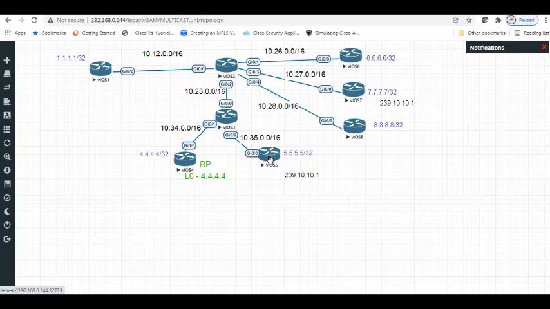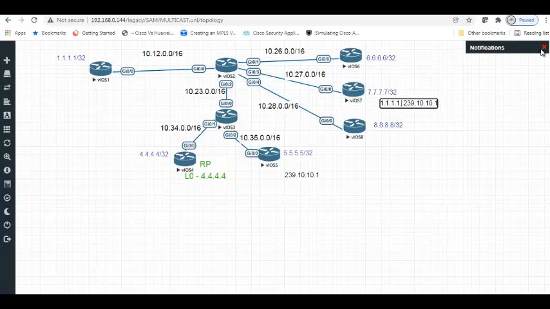They will find their own best path to reach both of them, the source and the group members, using the reverse path forwarding. What does it mean? When RP gives the address of source to R7, R7 will have 1.1.1.1, comma, the group.